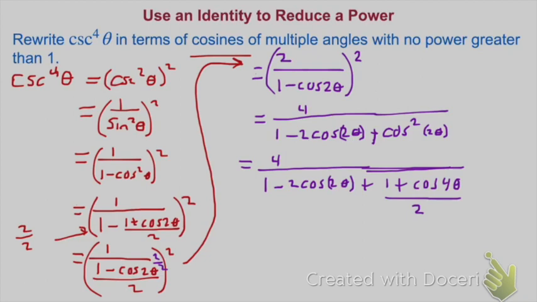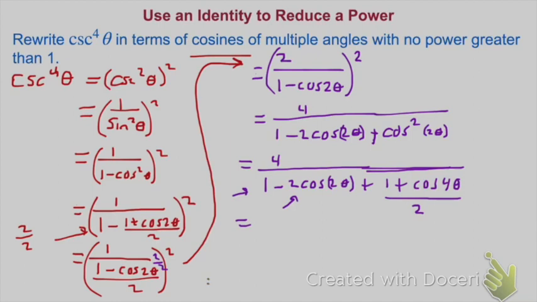So we have this, again, complex fraction. Let's get this all to have the same denominator on the bottom. So I need to multiply these first two terms by 2 to get them to have the same denominator. To get 1 to have the same denominator, it'd be 2 over 2. To get negative 2 cosine 2 theta to have a denominator of 2, it becomes negative 4 cosine 2 theta.